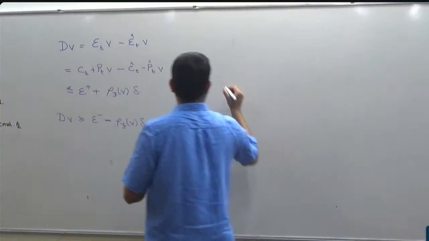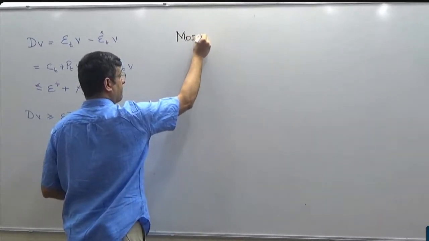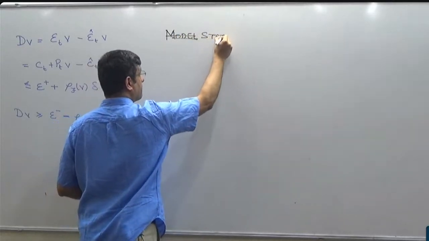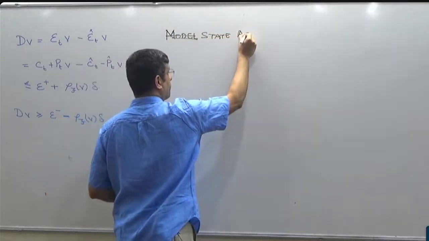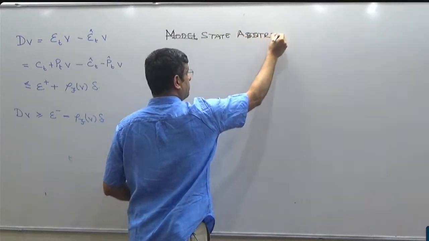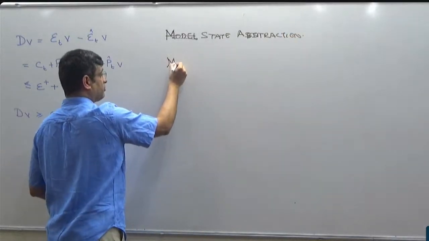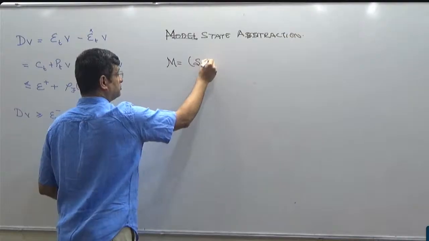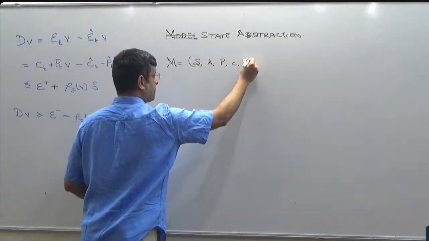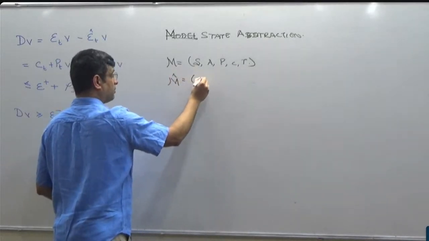So what do I do when I have model approximation or state abstraction, sorry. The setting is, I have a model on some state space, and I have an abstract model on some abstract state space.